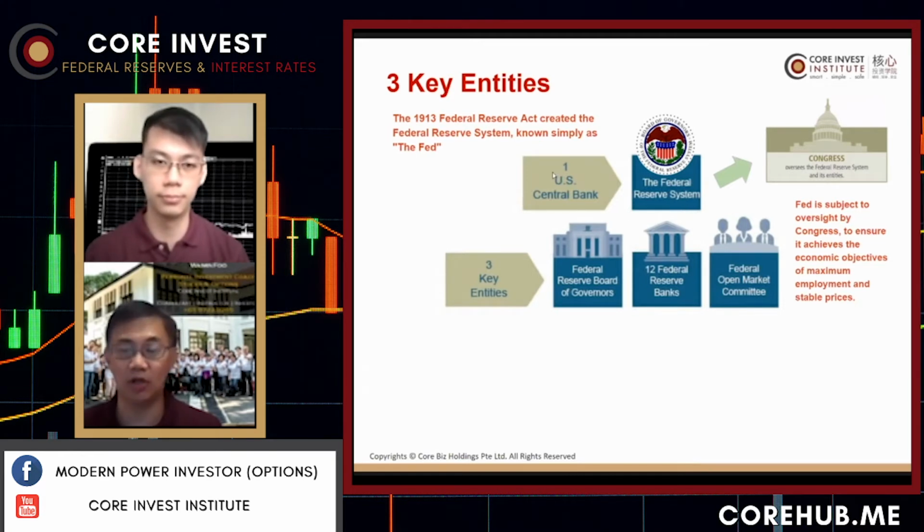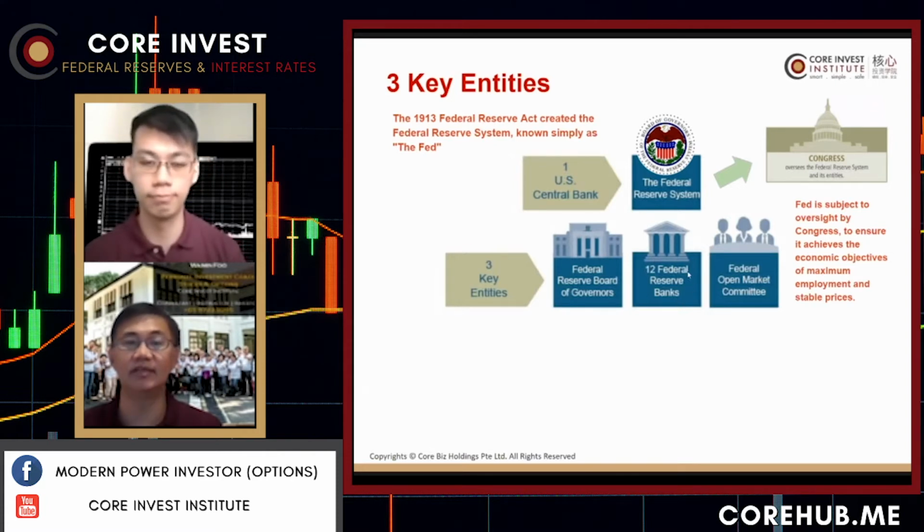It has 3 entities: the Federal Reserve Board of Governors, the Federal Reserve Banks, of which there are 12, and the Federal Open Market Committee, in short, FOMC.